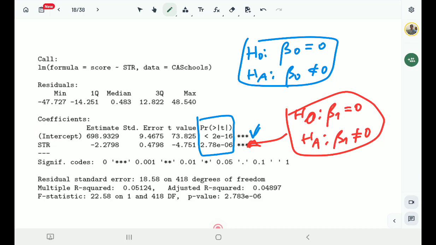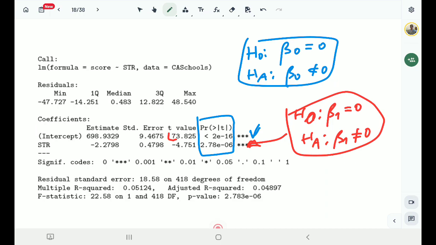Also, you can have a look at the corresponding t-values. The t-value of the hypothesis test about beta 0 is 73.8. That is far away from 2.